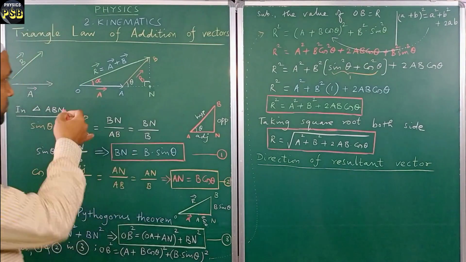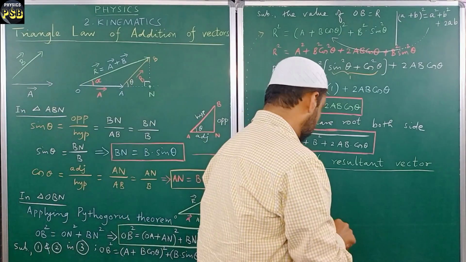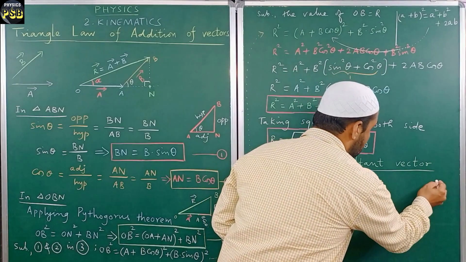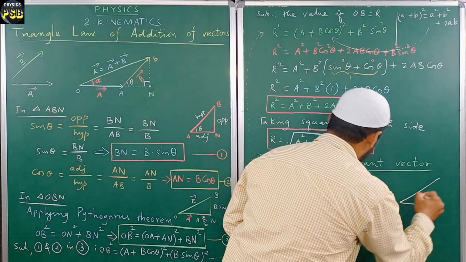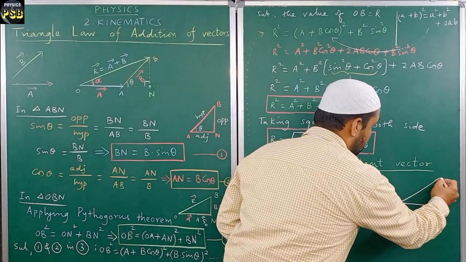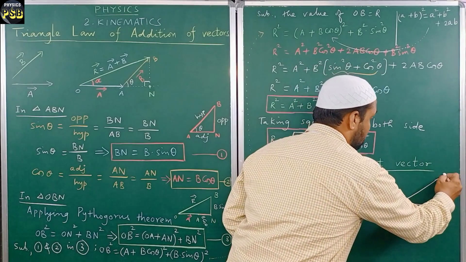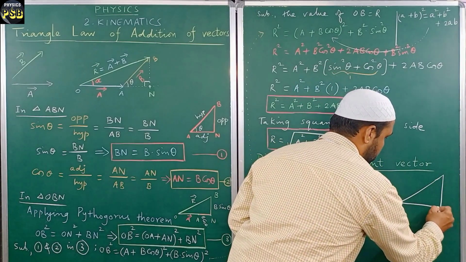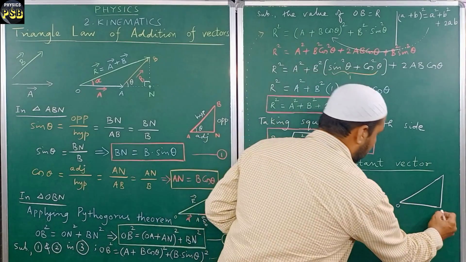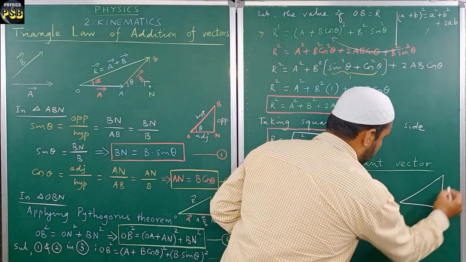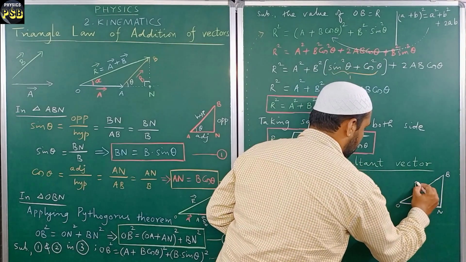Okay, so I will draw this diagram here. This is O, that is N. This point is B. This is the R vector.